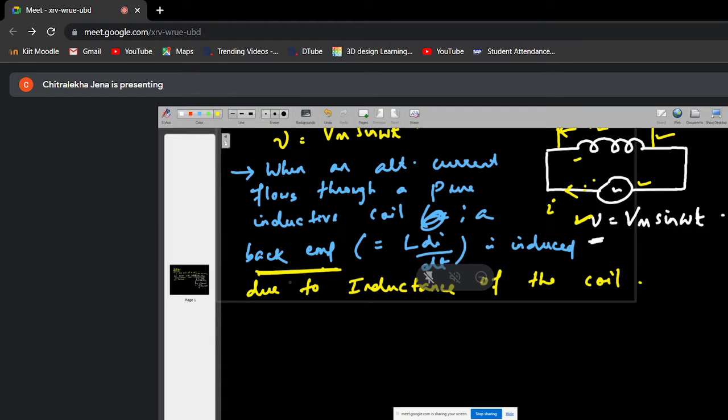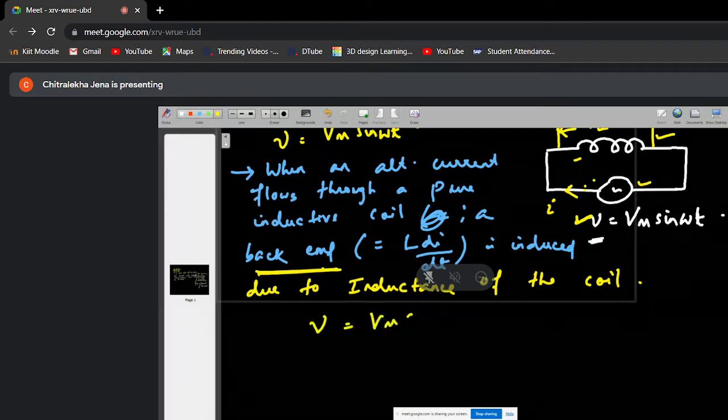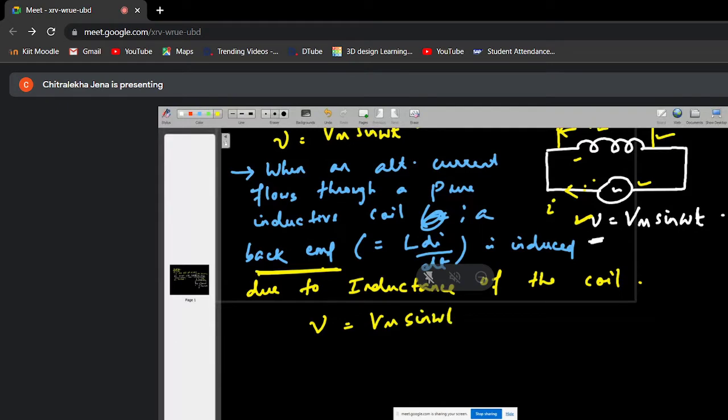Yes. So here we can write V is equal to Vm sine omega t. So what will happen to your VL?